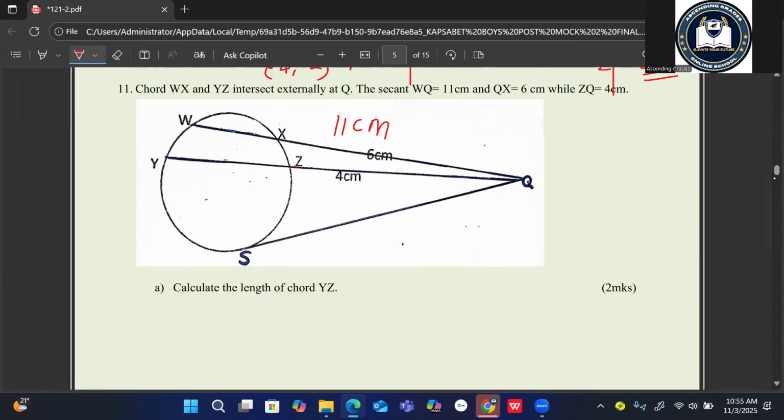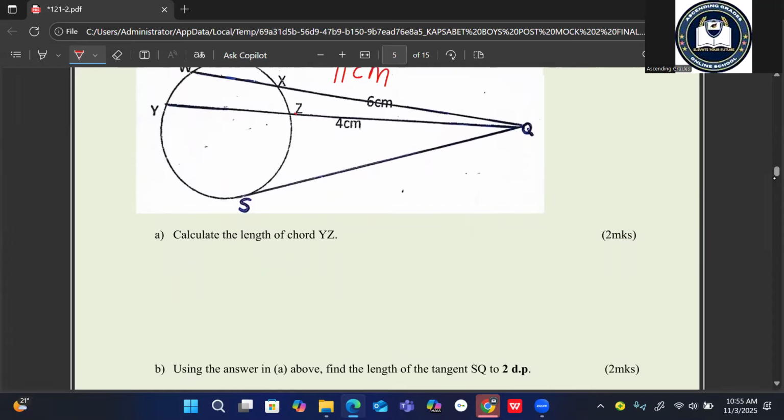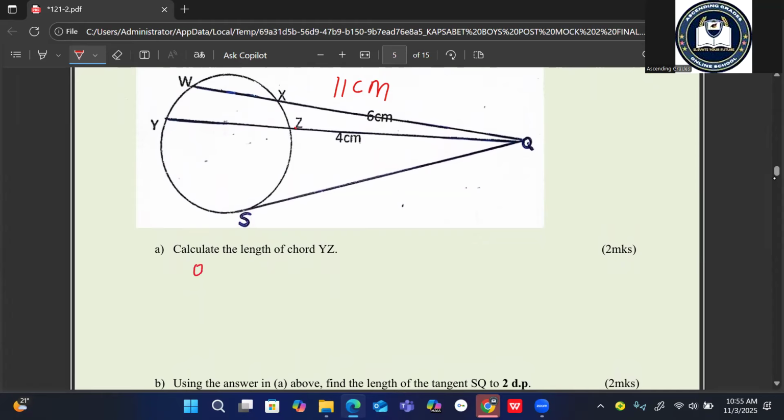We know that our QX multiplied by QW, all of it, should be equal to QZ multiplied by QY. So our QX is 6 centimeters.